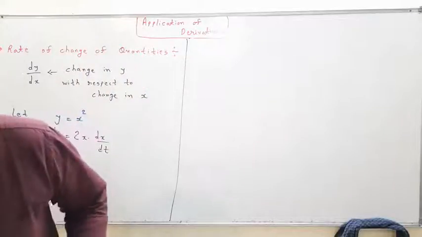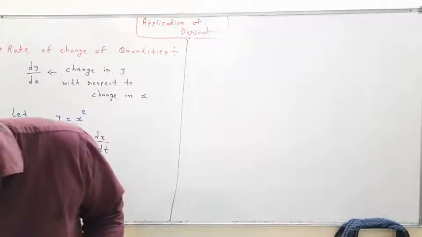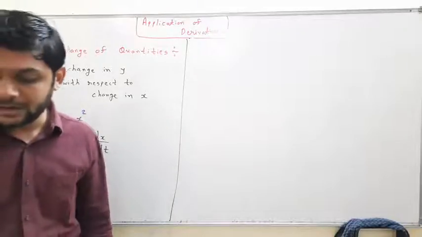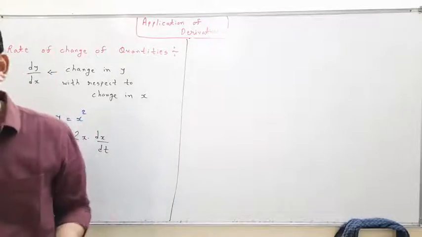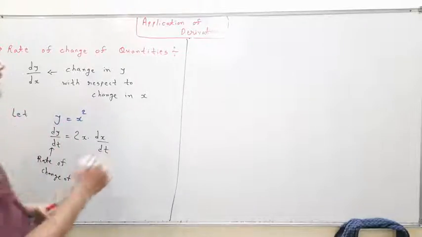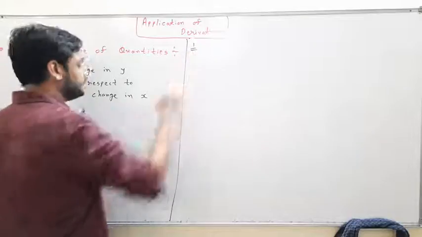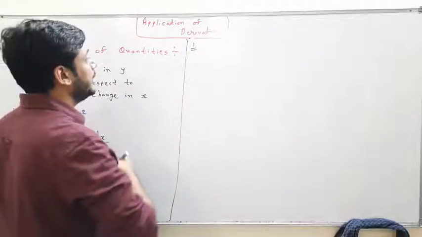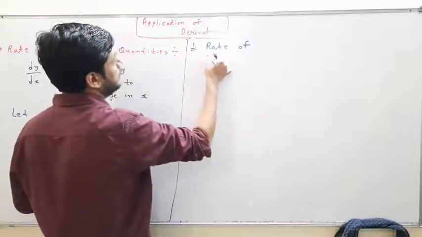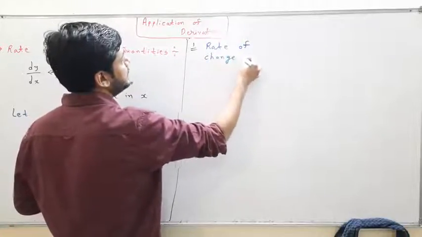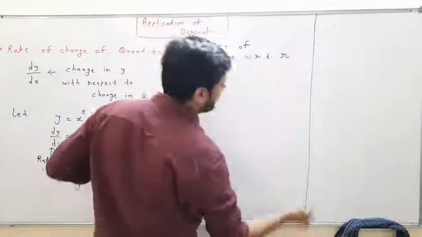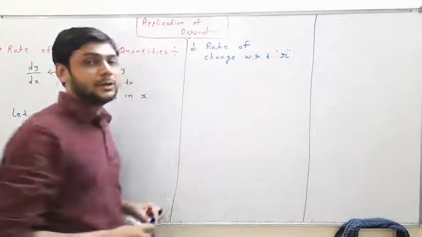Our questions are relatively easy. First question: find the rate of change of area of a circle with respect to its radius r when r is 3 cm and r is 4 cm. We have to find the rate of change with respect to r, meaning we differentiate the area of the circle with respect to r.